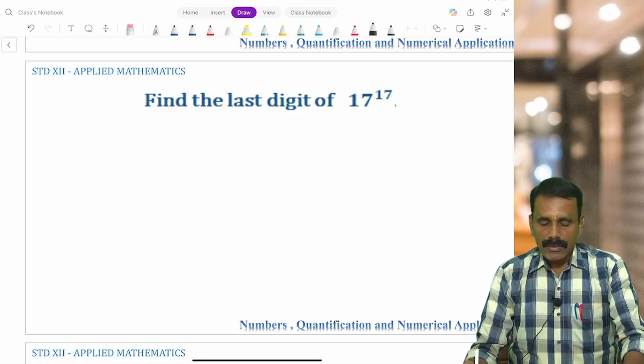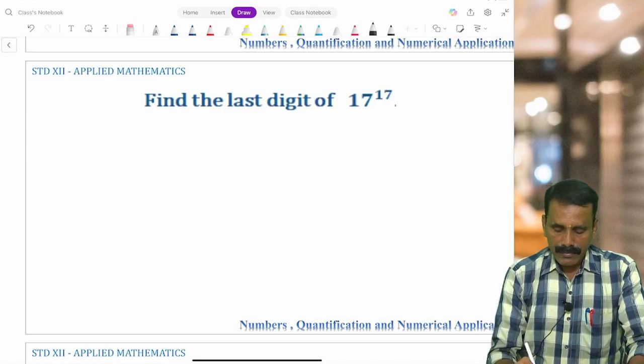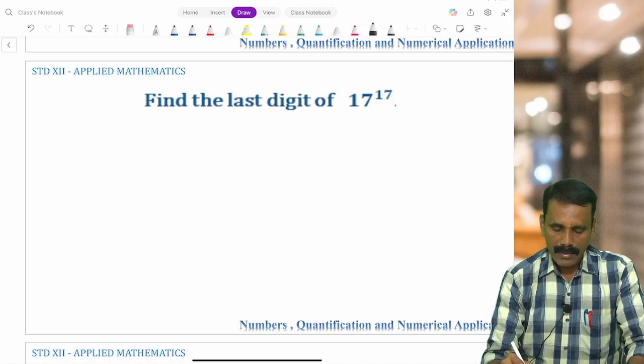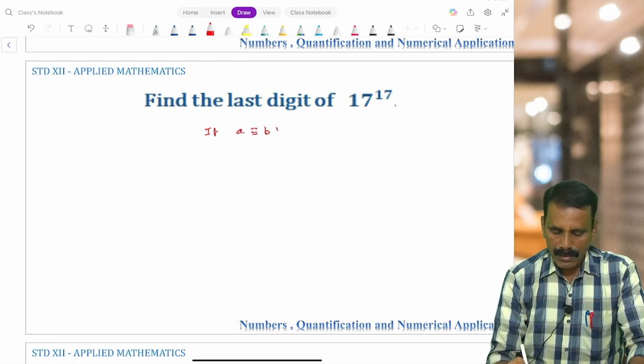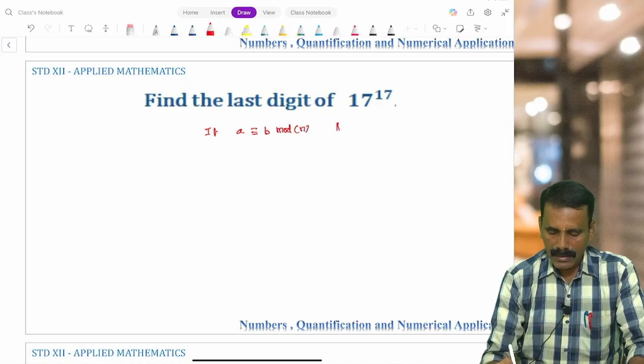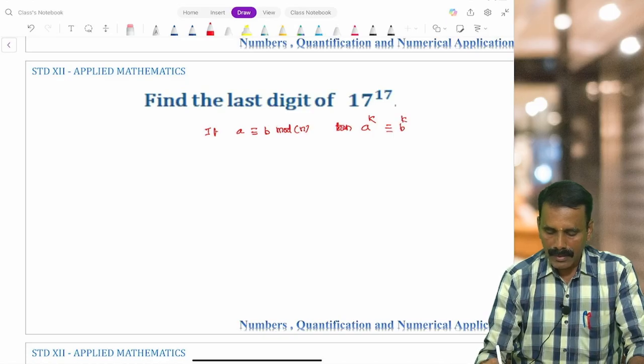We are going to use the formula: if A is congruent to B mod n, then A power k is congruent to B power k mod n.